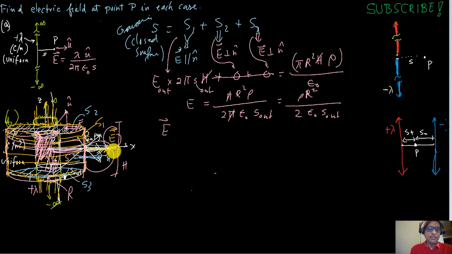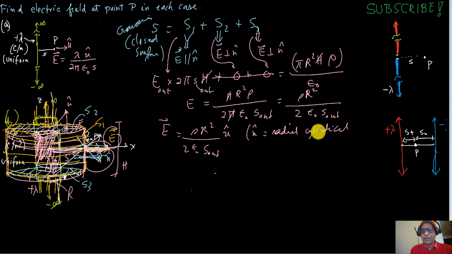The electric field is, of course, in the x direction here, but at any other place I can just use the unit vector. So it is rho R squared over 2 epsilon naught s out times u hat, where u hat is the radial cylindrical unit vector. So this is E at out. That was very simple, right?